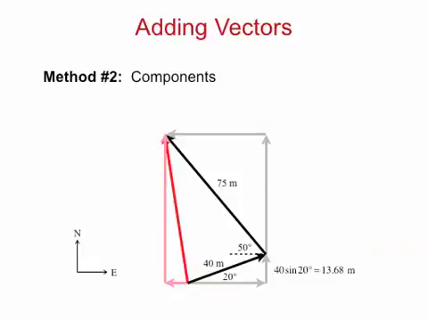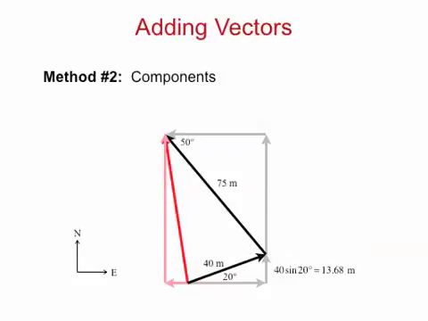To get the vertical component of the 75-meter vector, we need to know one of the non-right angles of the right triangle formed by the vector and its components. From elementary geometry, we know that alternate interior angles of parallel lines are equal, or in particular, that this angle is 50 degrees.